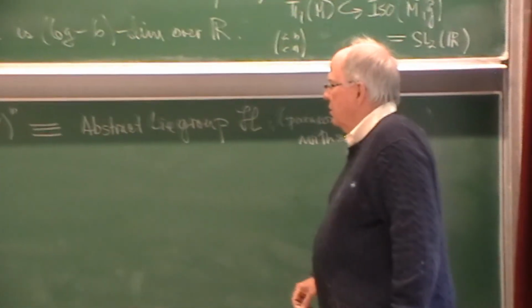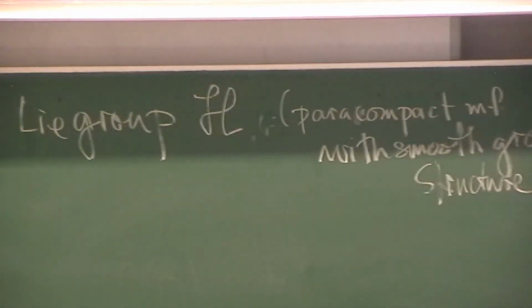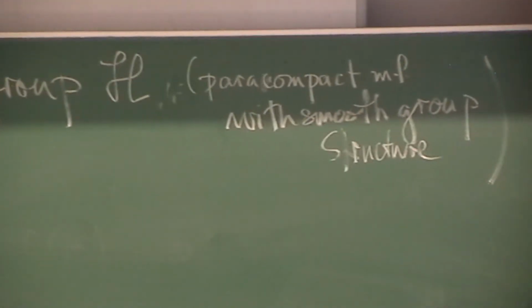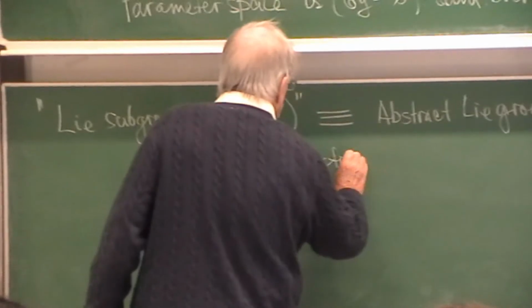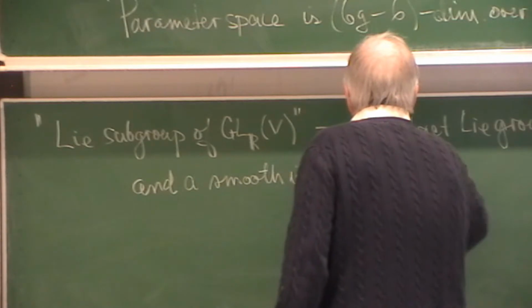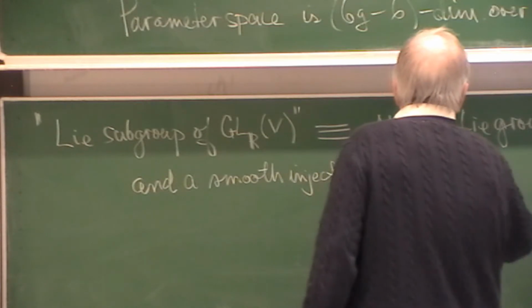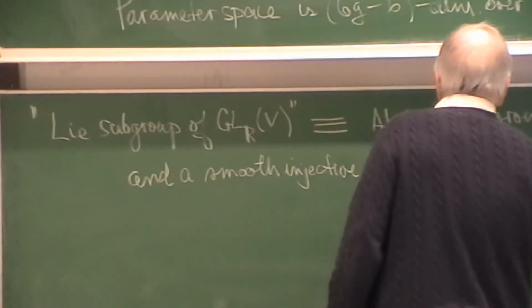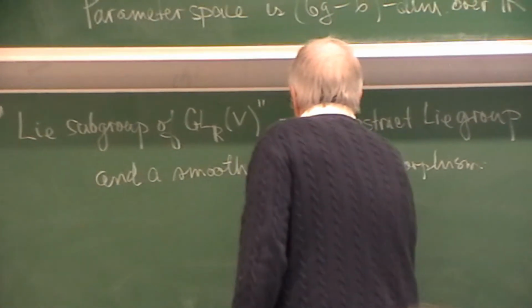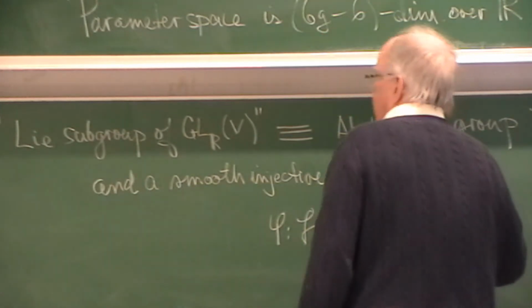So it's an abstract Lie group and there is a smooth injective homomorphism phi of script H onto the holonomy group.